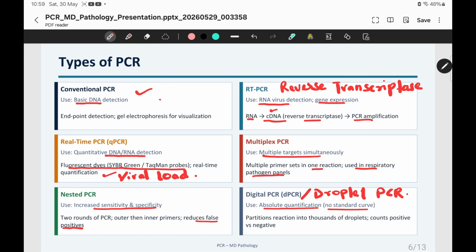Under this process, the sample is partitioned or divided into thousands of droplets, and then PCR happens in each of the droplets and is counted as positive or negative as the fluorescence is present or not. Then all of the positive and negative results are assessed statistically to determine the quantity of the target DNA.